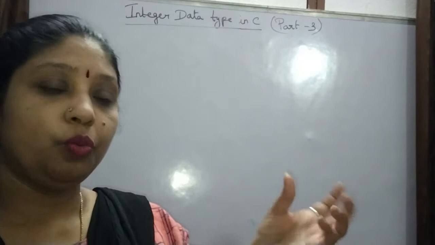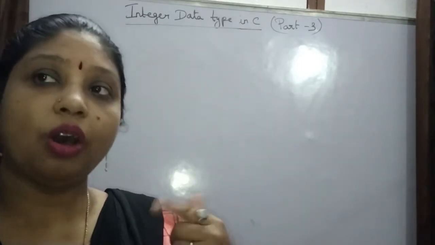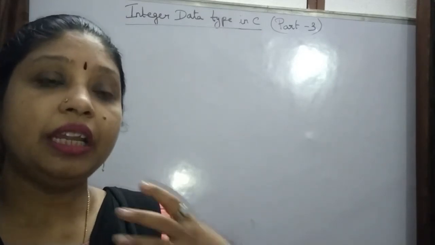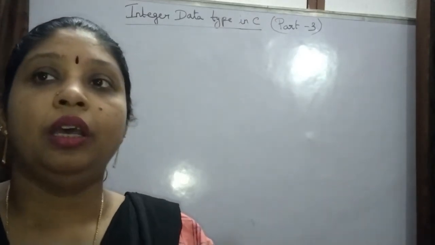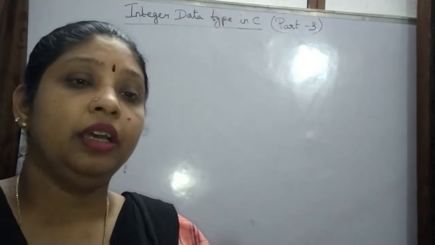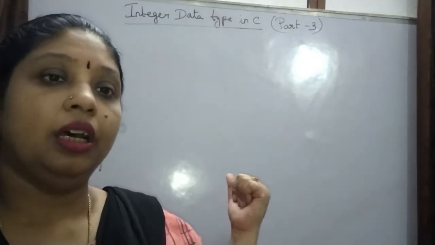Now today we are going to take the integer data type topic and discuss it in detail: how many bytes it will take, what about signed and unsigned, and what will be the range. All those things we will be discussing in this class.